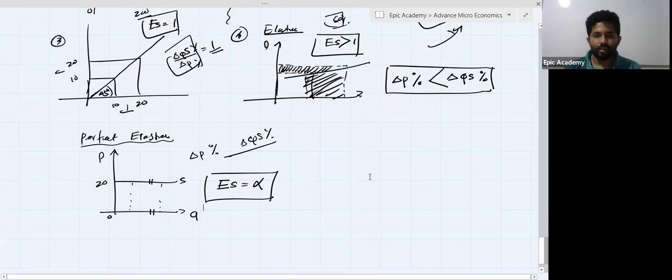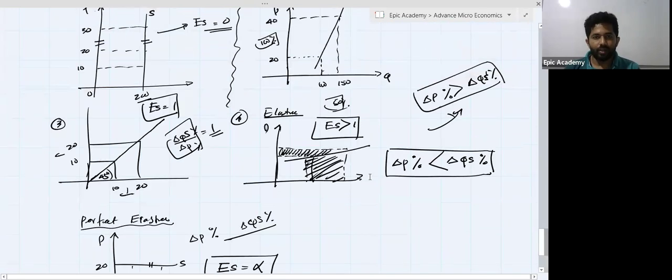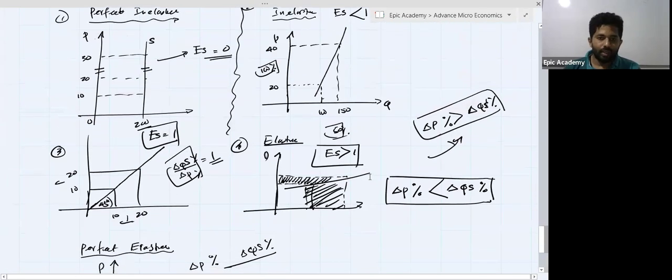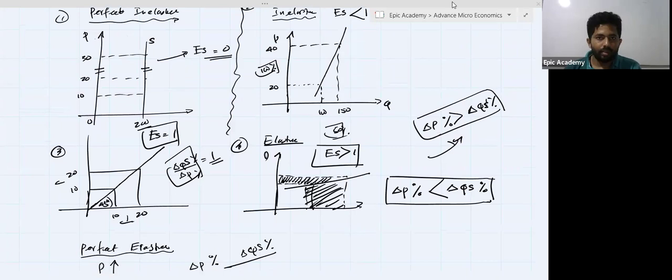Okay, you identified the 5 categories related to the price elasticity of supply. It is similar to the quantity demanded, but here the relationship between price and the quantity supplied is different from quantity demanded. It is a positive value.